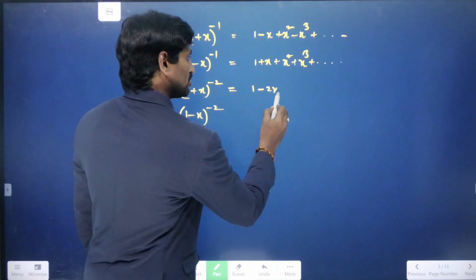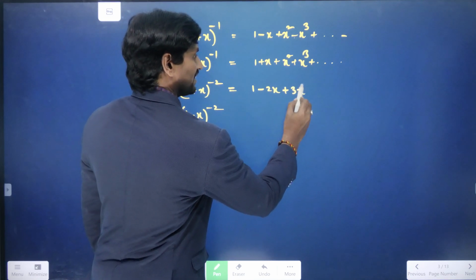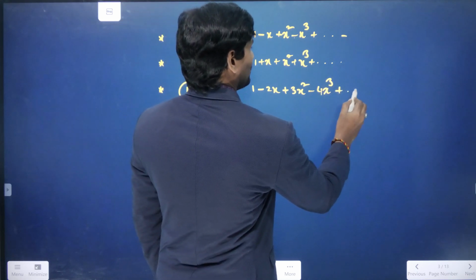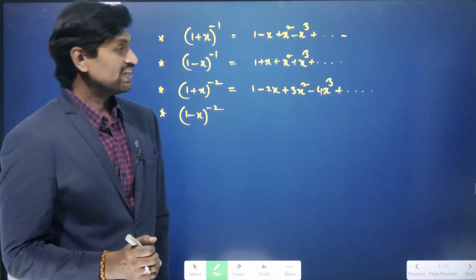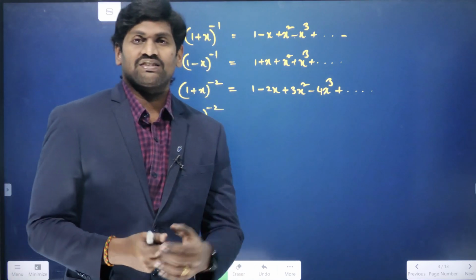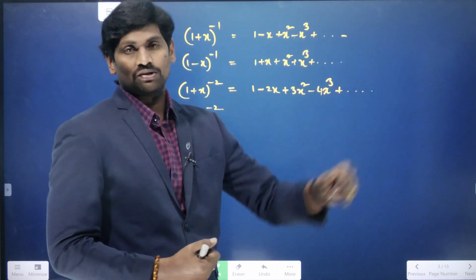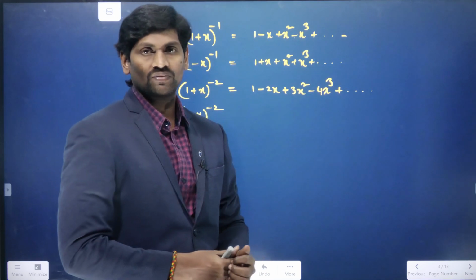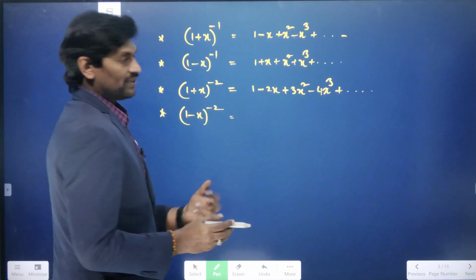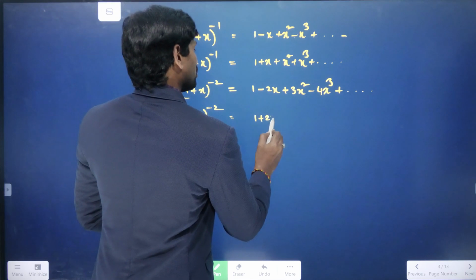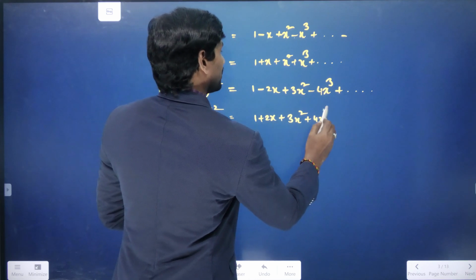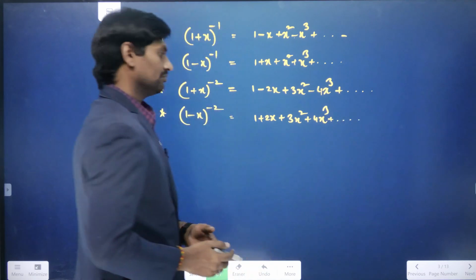So 1 minus 2x plus 3x square minus 4x cube plus and so on. Whenever the exponent is negative or fractional, an infinite number of terms will come. Here also minus into minus is plus, all plus terms only: 1 plus 2x plus 3x square plus 4x cube plus and so on.